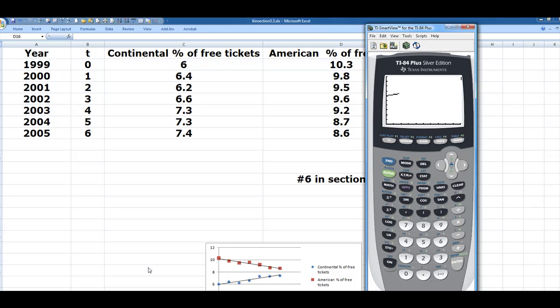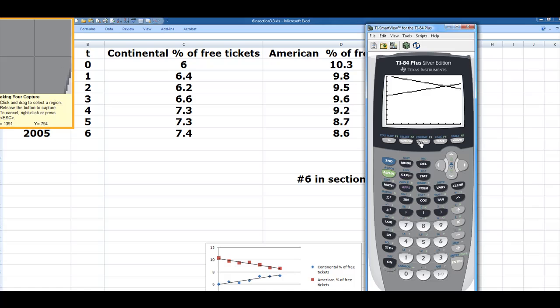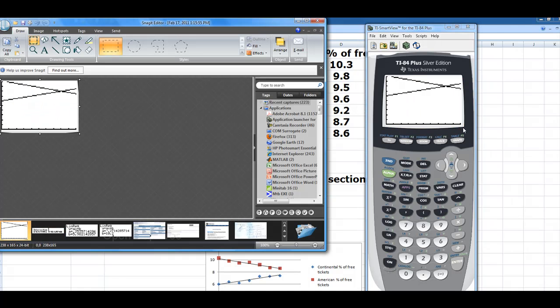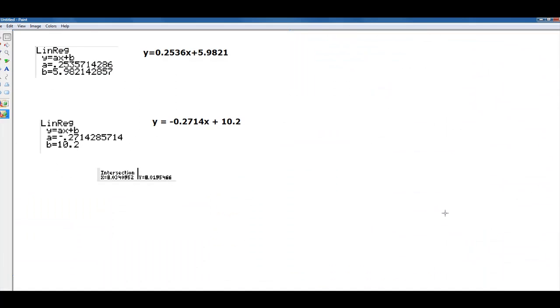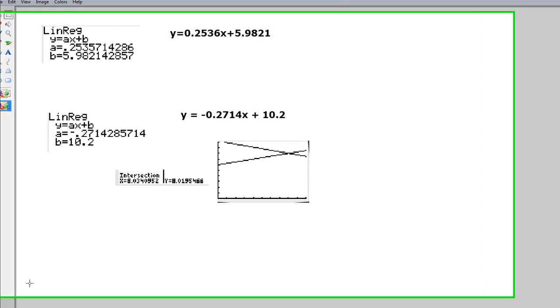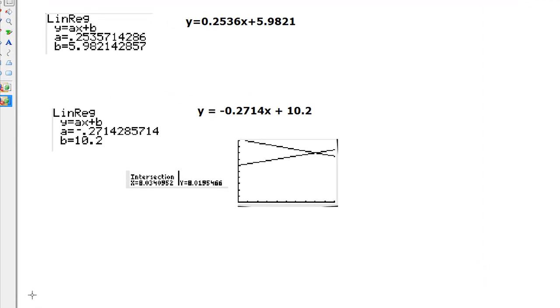And there we have the two graphs and also the meeting point. We will just put that in here, and here we have the intersect feature do these two for us.